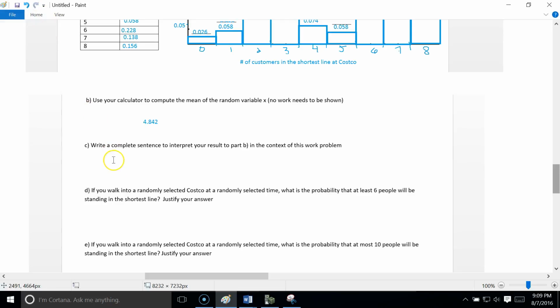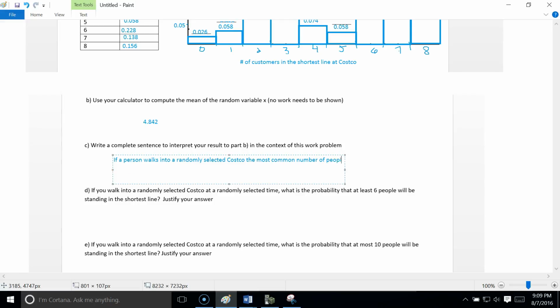I'll take something like: the average number of people waiting in a randomly selected Costco's shortest line is 4.842 people, or approximately 5.